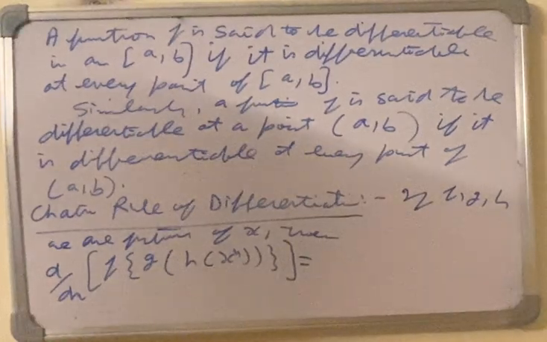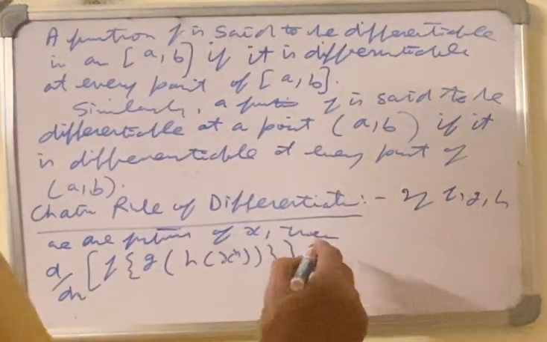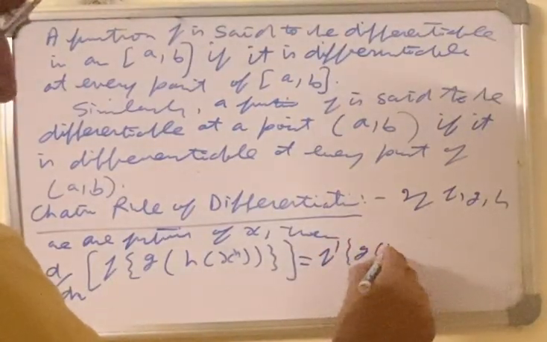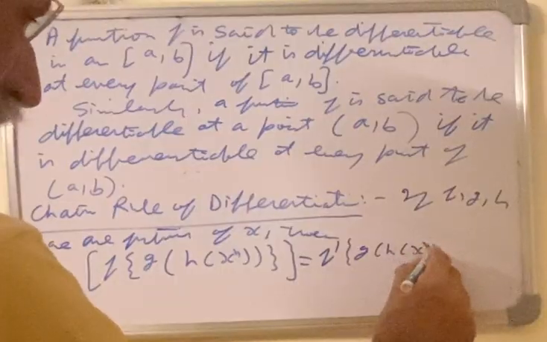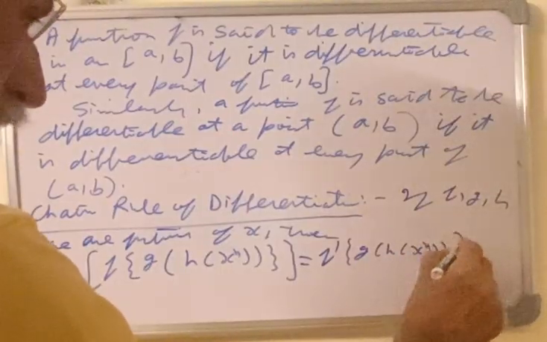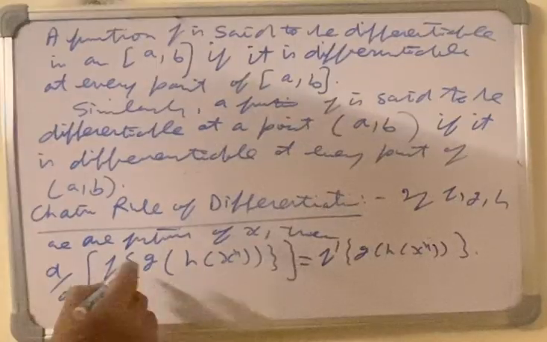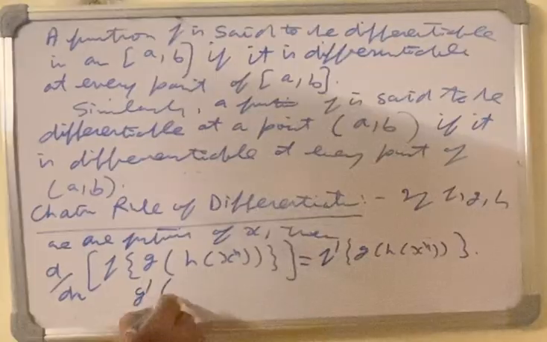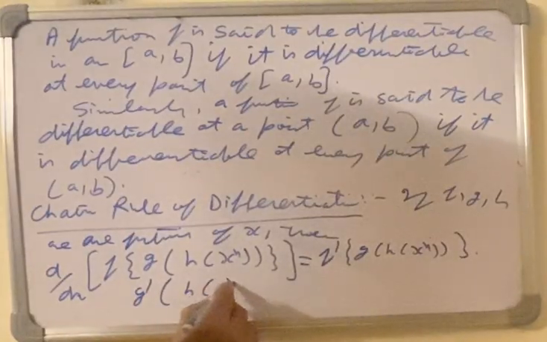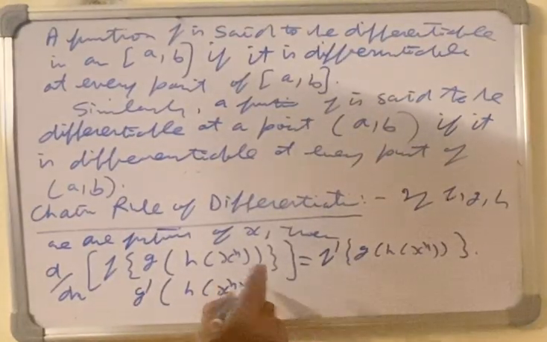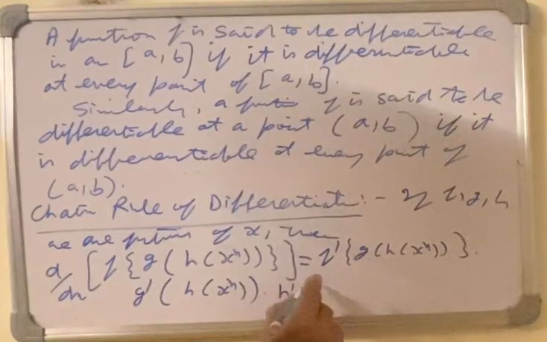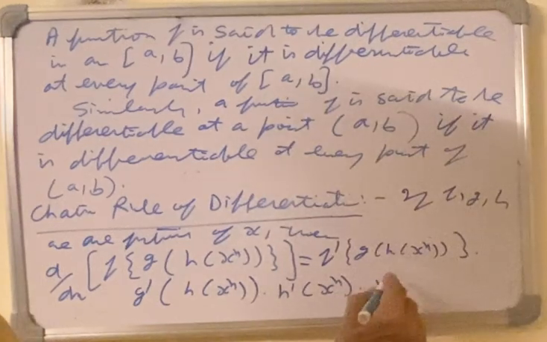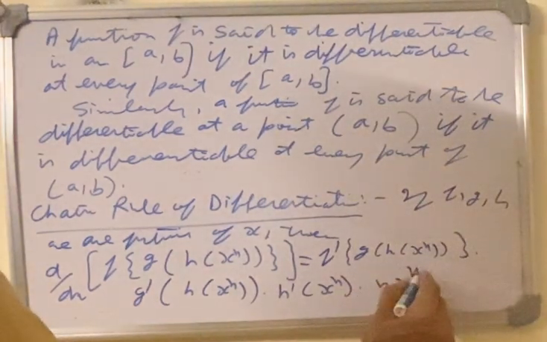We shall take the derivative first of the outermost, f dash of g(h(x^n)), into the derivative of g, g dash of h(x^n), then the derivative of h, h dash of x^n, then the derivative of x^n, which is n x raised to power n minus 1.